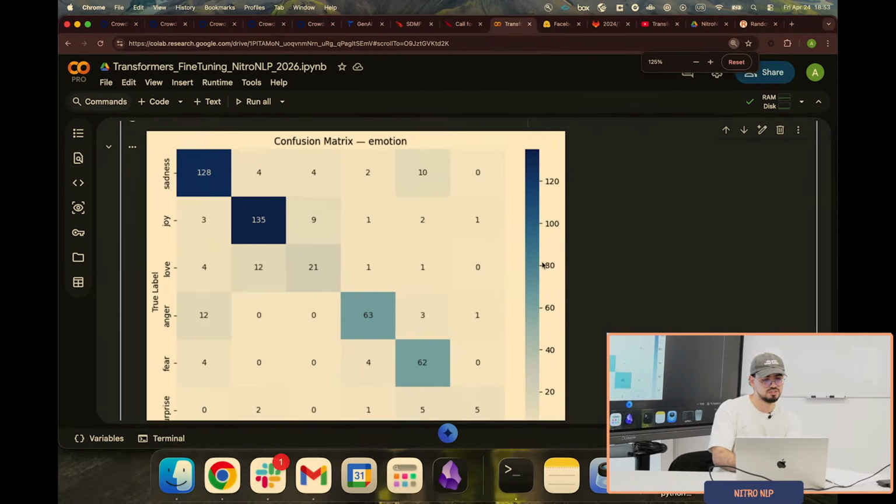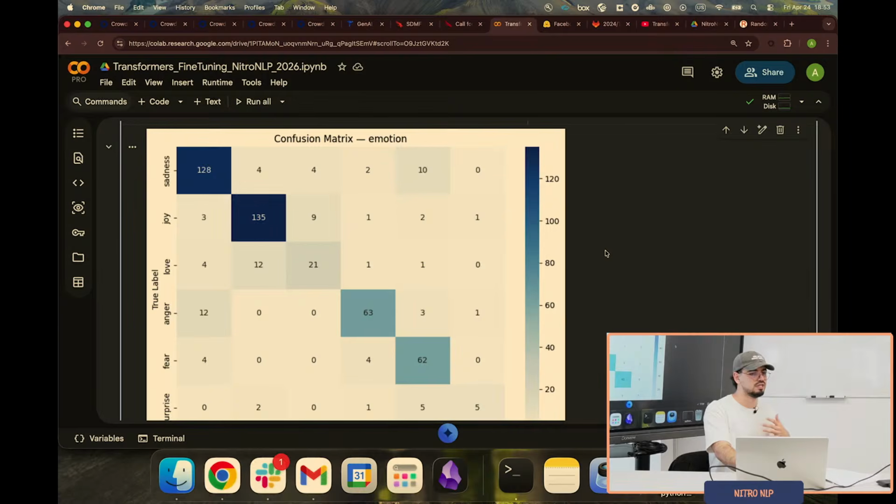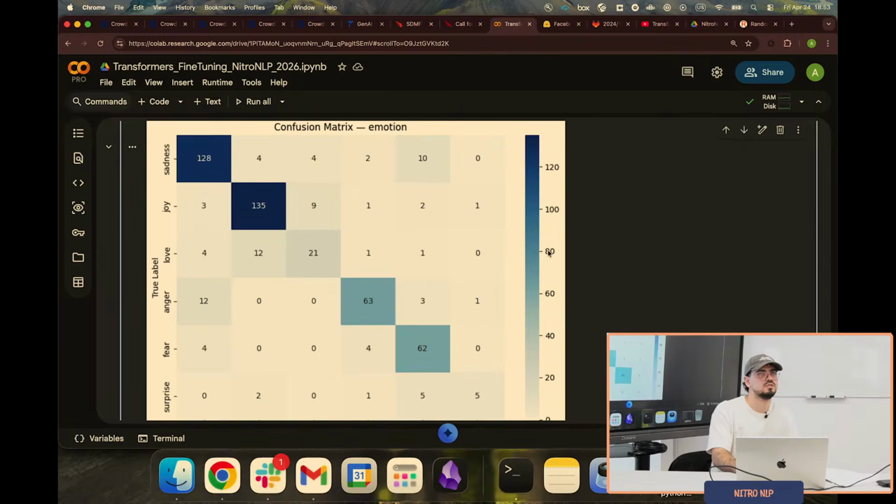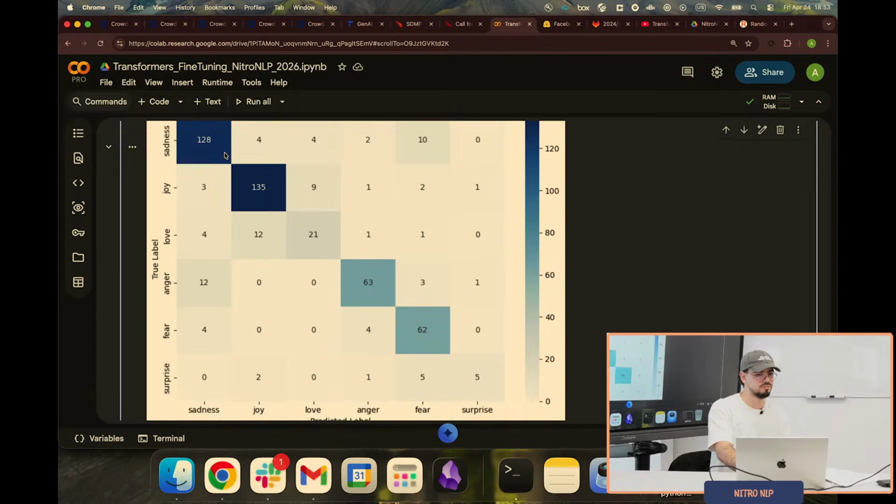The confusion matrix is basically an aggregation of all our outputs and where it went wrong. For example, a good confusion matrix would have the main diagonal very colorful, because when the true label is sadness and the predicted label is sadness, we want this to be the maximum it could be.